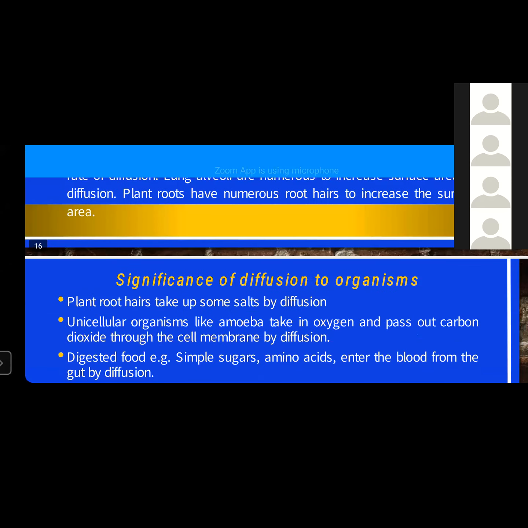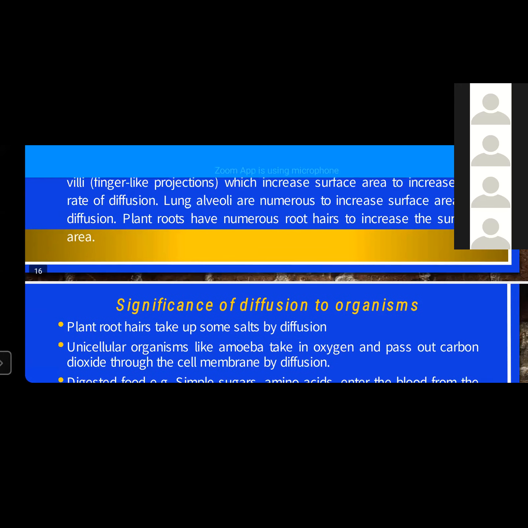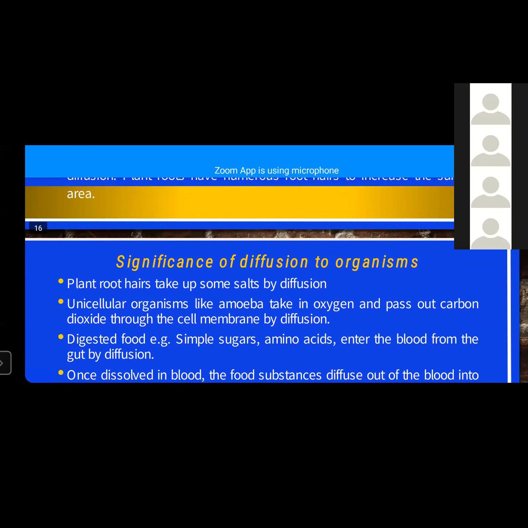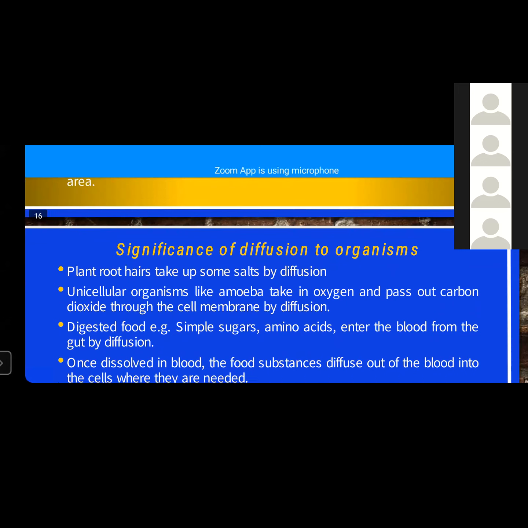I don't know if there are questions here on these factors. Otherwise, we move on to the importance of diffusion in organisms, the significance of diffusion in organisms. This one we talked about.